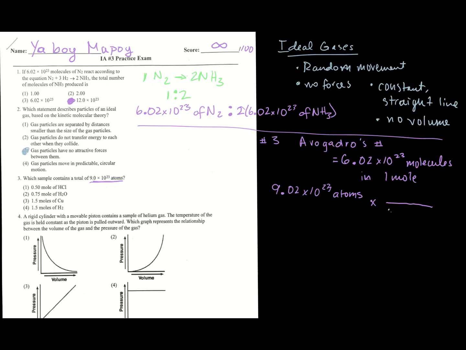So you're going to get 6.02 times 10 to the 23rd on the bottom with 1 mole on top so we can figure out moles on the top. We're essentially doing 9.02 times 10 to the 23rd atoms. Oh my god, my pen's acting up. And we get 1.5 moles.